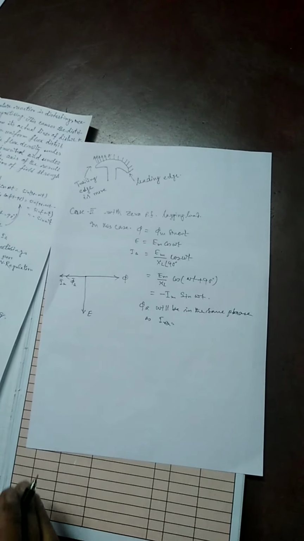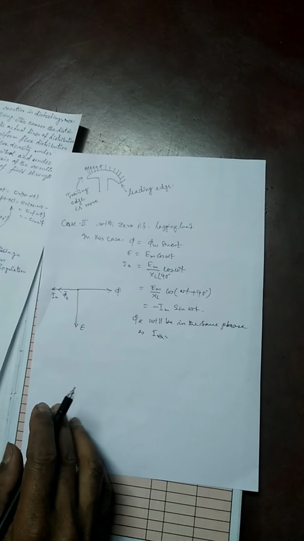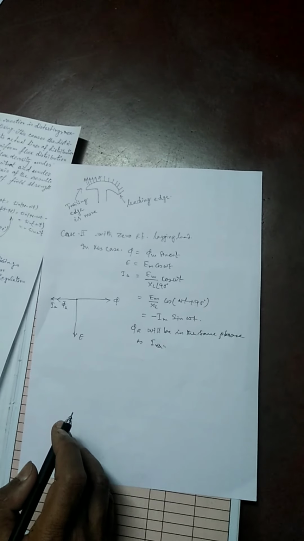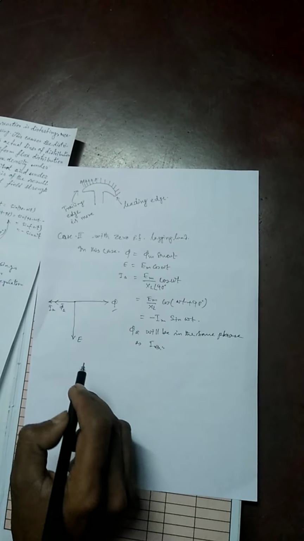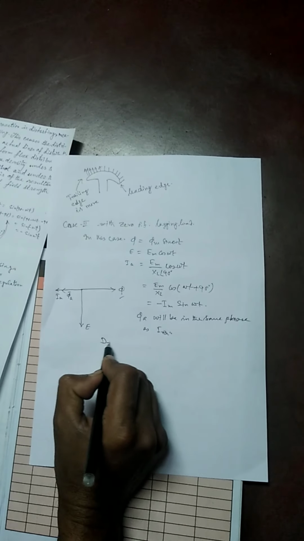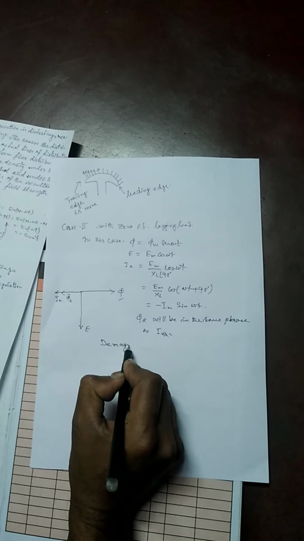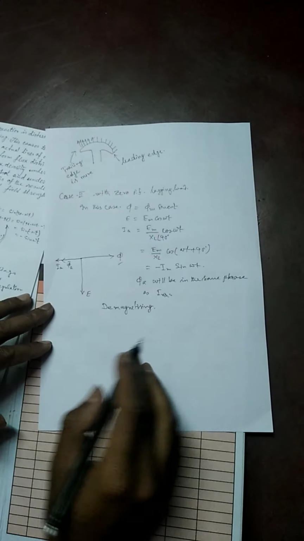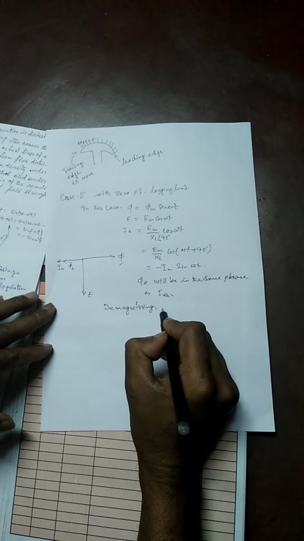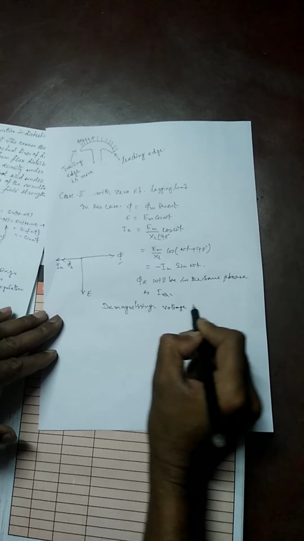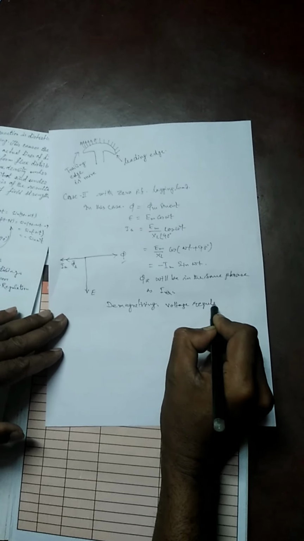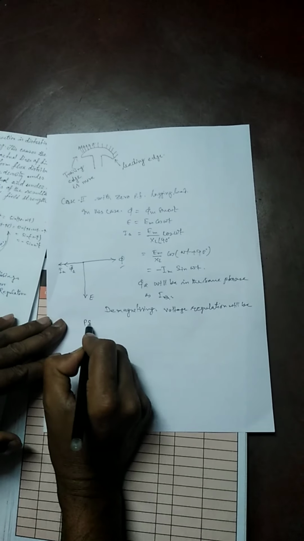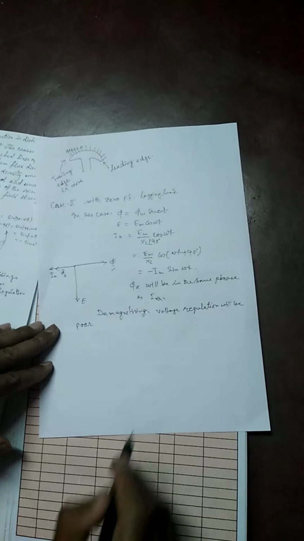Here it is clear that the armature flux or MMF directly opposes the main field flux phi, so the effect is demagnetizing. Voltage regulation will be poor because of armature reaction.